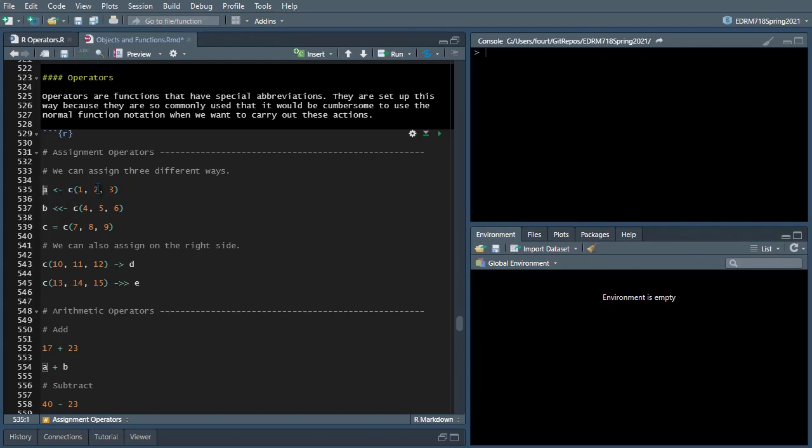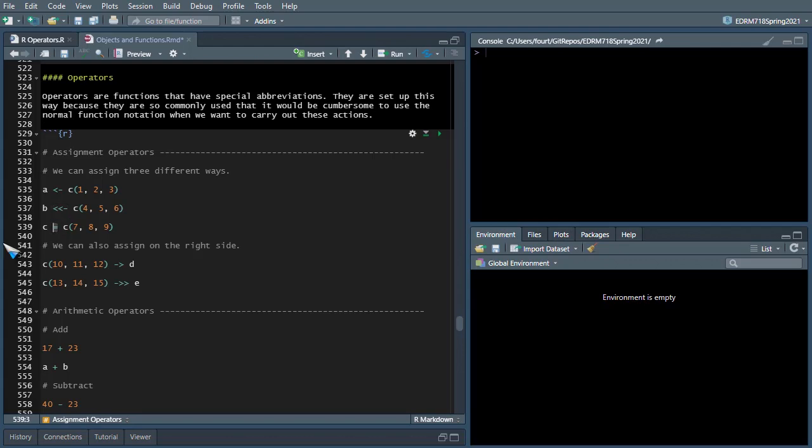We're assigning this vector to A, and the assignment operator is this symbol, this little less than with a little dash or hyphen. You can also do it this way if you prefer, with 2 of these less thans and then a hyphen, or you can use the equal sign.